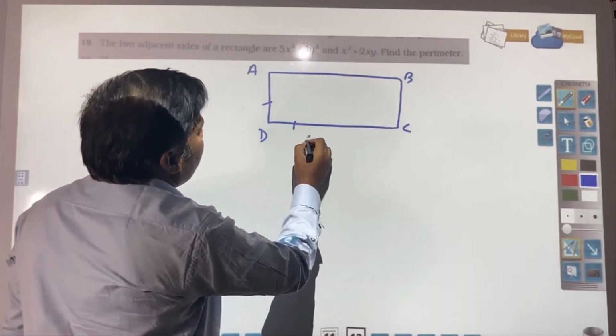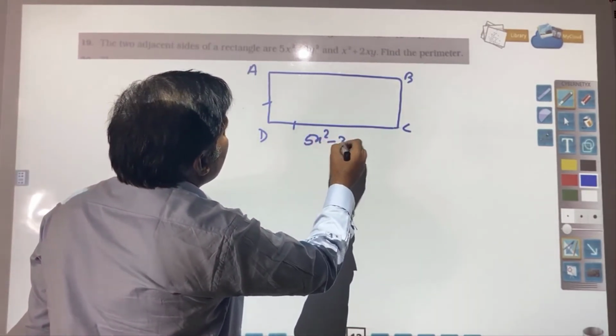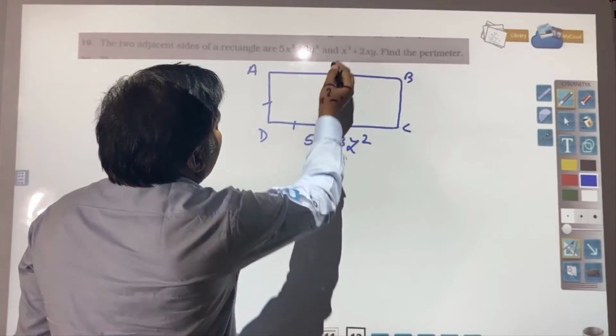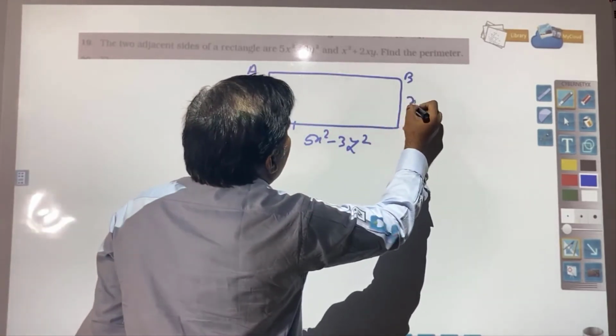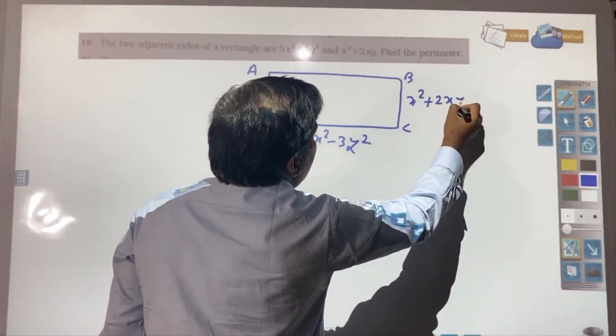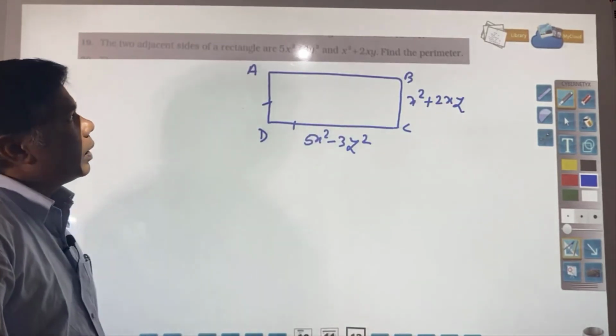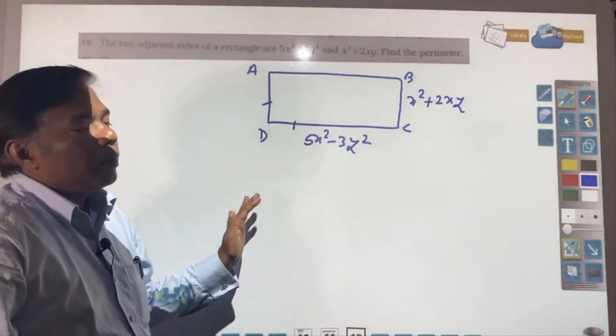Suppose this is 5x square minus 3y square, and this is x square plus 2xy. Two adjacent sides have been given, and you need to find the perimeter.